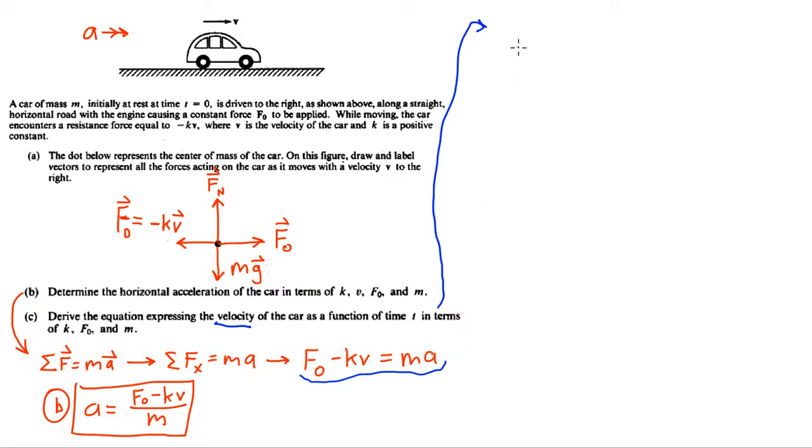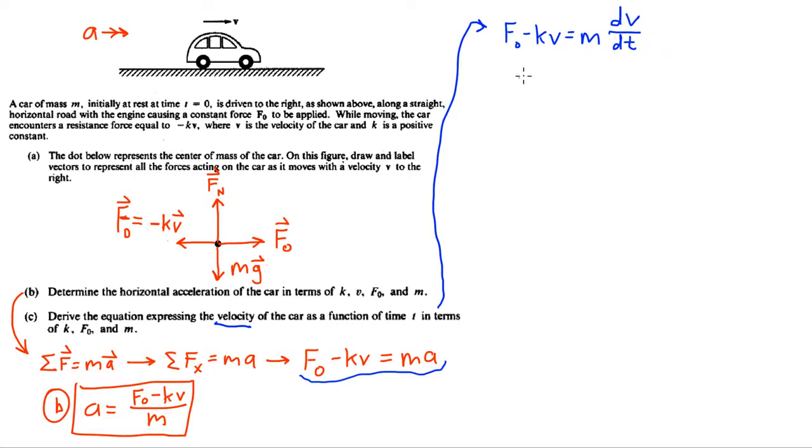So we're going to go with, let's see, what do we have? F naught minus kv equals m, and then what's acceleration in terms of velocity? It's dv dt. Okay, so now the task here is to separate the variables. Separate v and t. Get all the t's on one side of the equation, not hard, and all the v's on the other side.